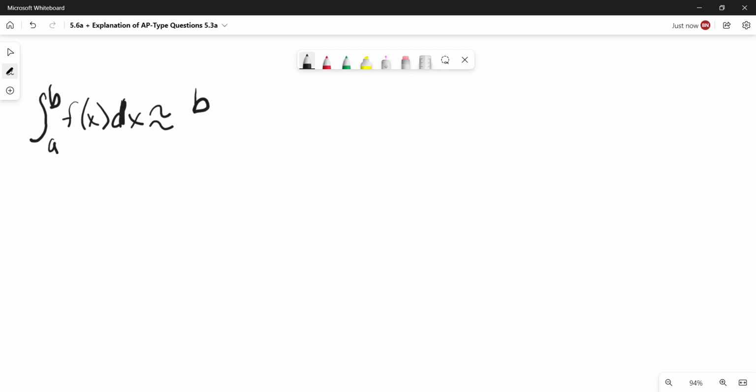So this would be b minus a over n. That's the width. B minus a over n, and so the width times all the heights.